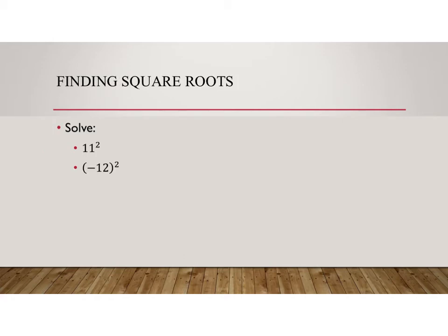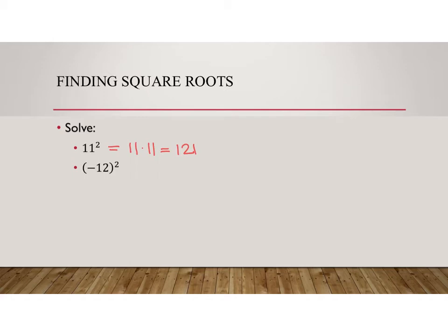So to begin with, I want to just talk about a couple little examples here. For this first part where we have 11 squared, we know that this is really 11 times 11, or 121.